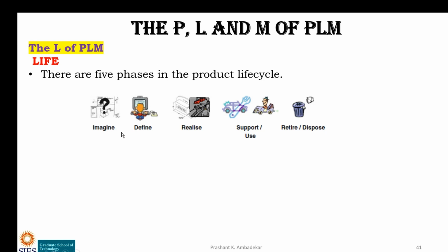This is a slightly different way of defining the phases of life, because I have taken it from a different book. Whenever you are explaining the life phases of a product, you can incorporate two or three more phases. First is the imagination phase, when there is only a concept.